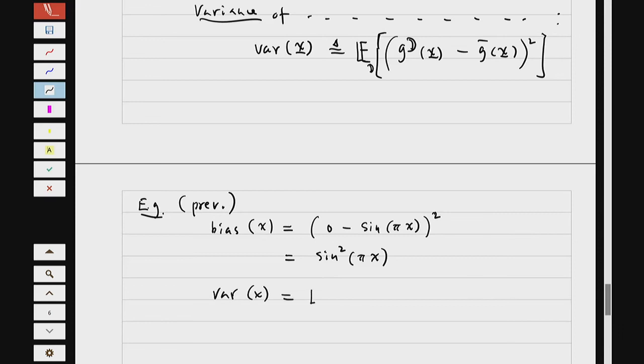It's the expected value. Again, D is simply U, our g_D, the final hypothesis, is always V, and the G bar is 0.